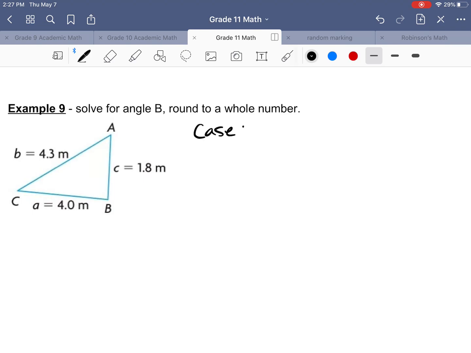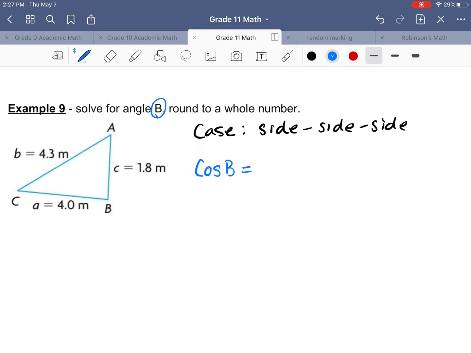So this case is sometimes referred to as side, side, side, because we have all of the side information but none of the angle information. And that's okay, because we have a formula we can use to find the measure of one of the angles, and we have all of the sides. So in this case, we are looking for angle B, so we want to label our formula accordingly.